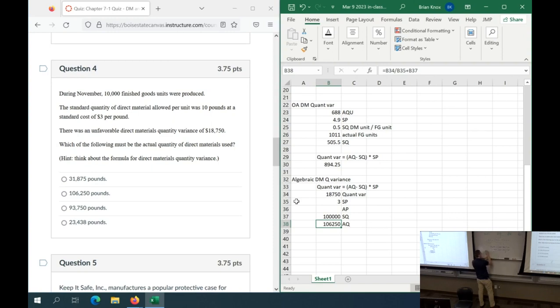And then we're going to subtract 100K from both sides. Oh, excuse me, we're going to add 100K. There we go. That's what's going on. So we can cancel out that. And we're left with just this number, which is 106,250, if I remember it right off the top of my head. Yeah. Equals AQ. That's all that's left on this side is the AQ.